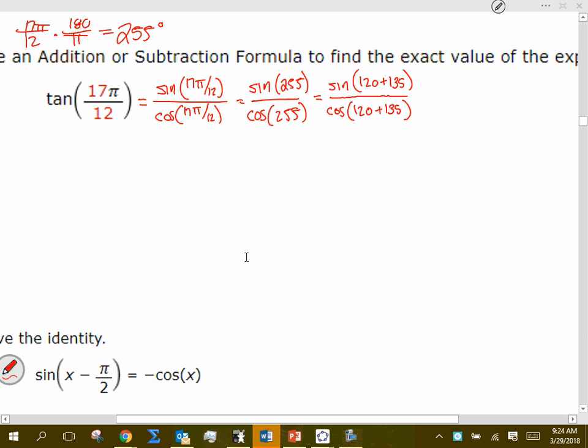Okay? Because now I've turned 255 into a sum, and we now know that this set of sums can be rewritten. Because the numerator is sine, it's a sine of a sum, so it's going to go sine, cosine, same sign, cosine, sine.